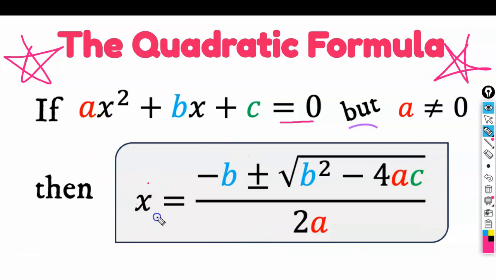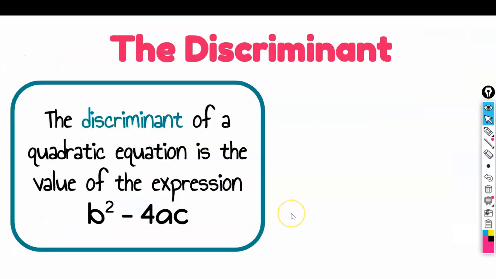And the fact that it says x equals means that this gives you the solution. This gives you the answer. So we are going to look at a couple of problems with this today.